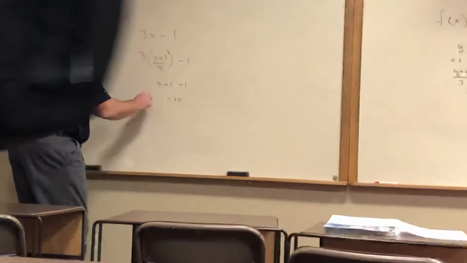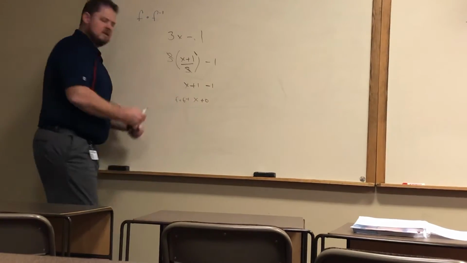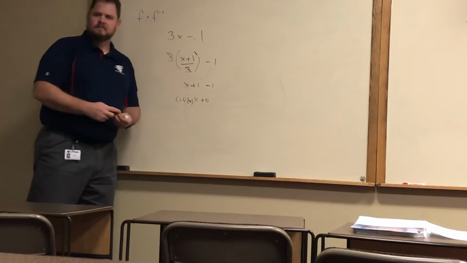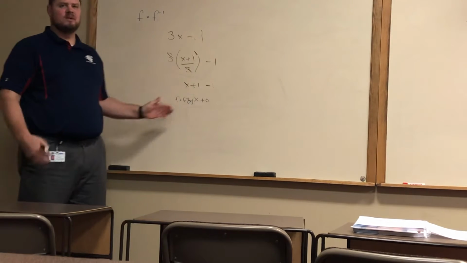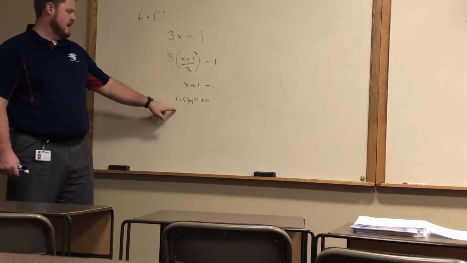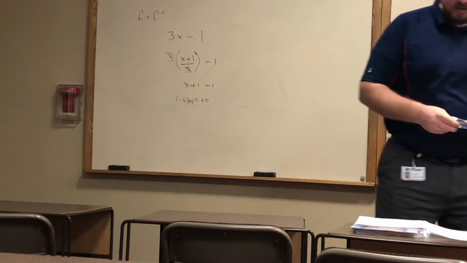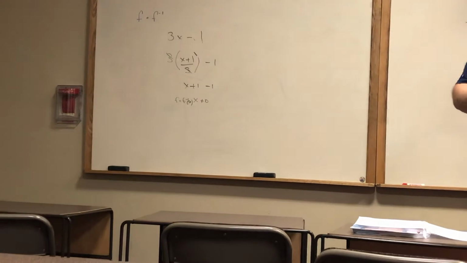Okay. Does that make sense? The answer is x plus 0. So the composite of this, of x plus 0, is x. So essentially, we're not really learning about the inverse. We're learning about composite inverse. So what you're learning is that when you do the inverse, and you put it back into the composite, what you're going to find is that it's always gonna come out as x.